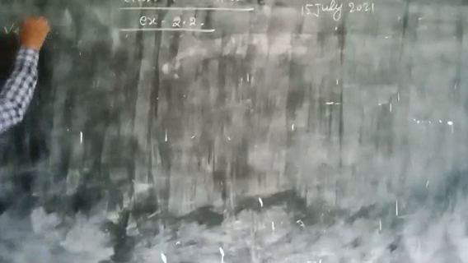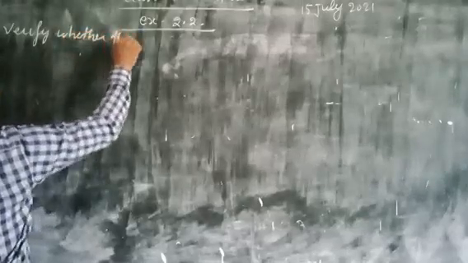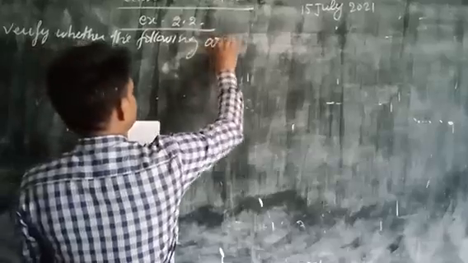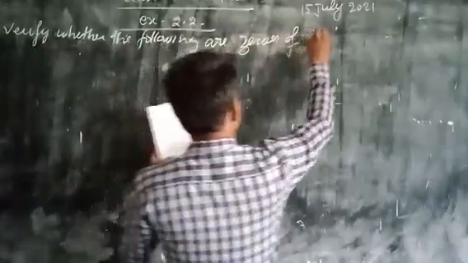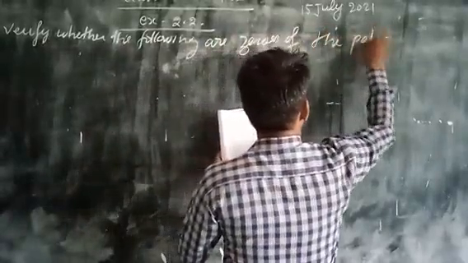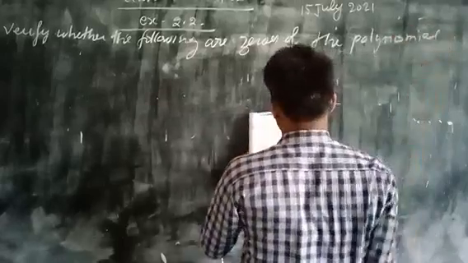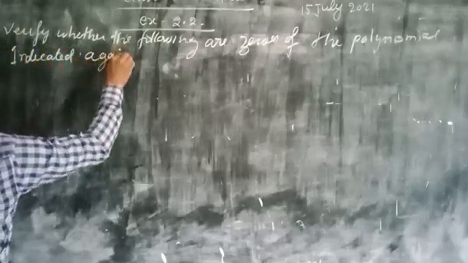In this question, verify whether the following are zeros of the polynomial indicated against them.